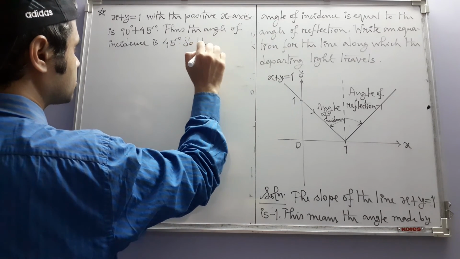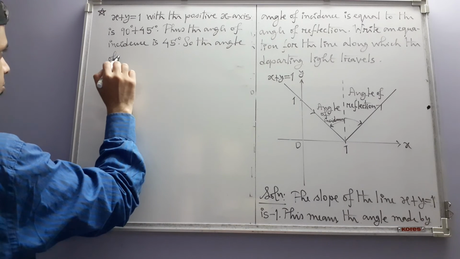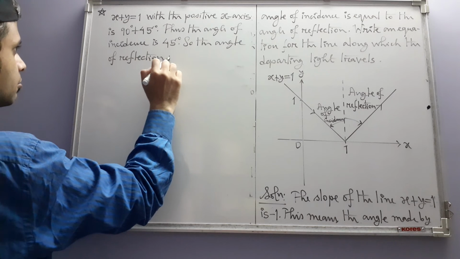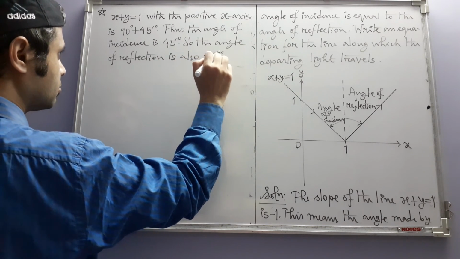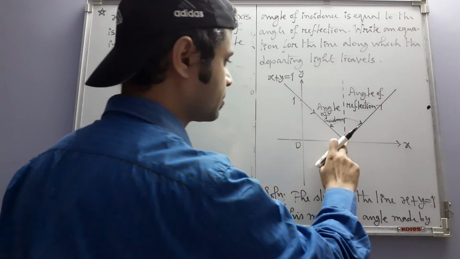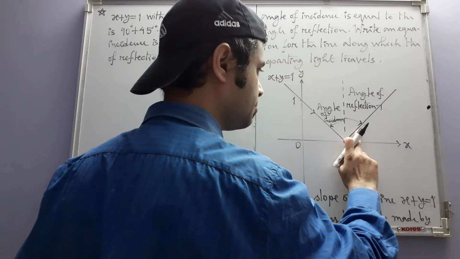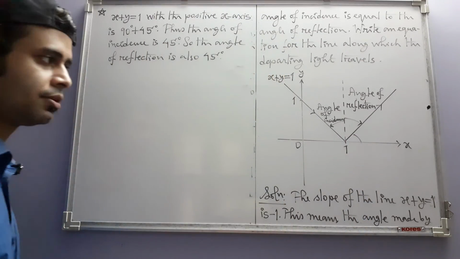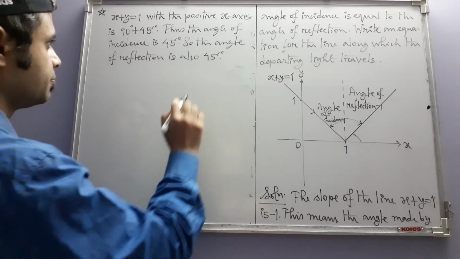So the angle of reflection is also 45 degrees, this one, and that is why the inclination of this line must be this, which is 90 minus the angle of reflection, that is also 45 degrees.